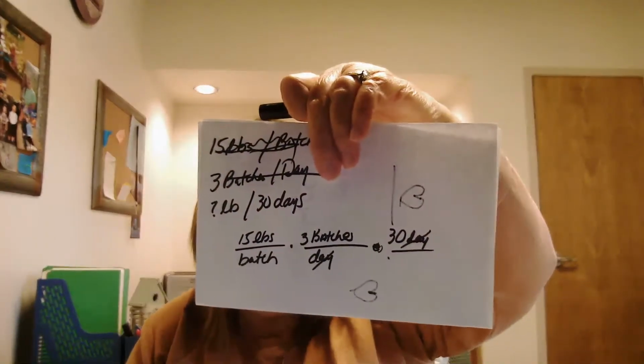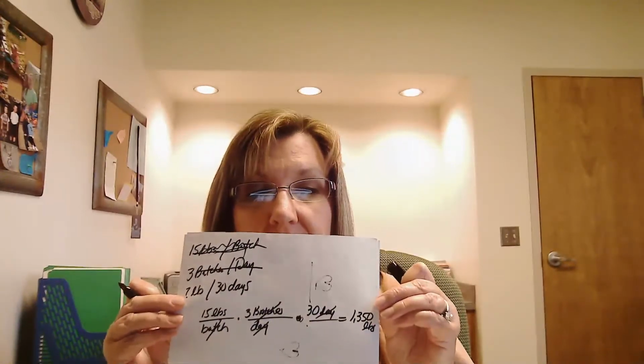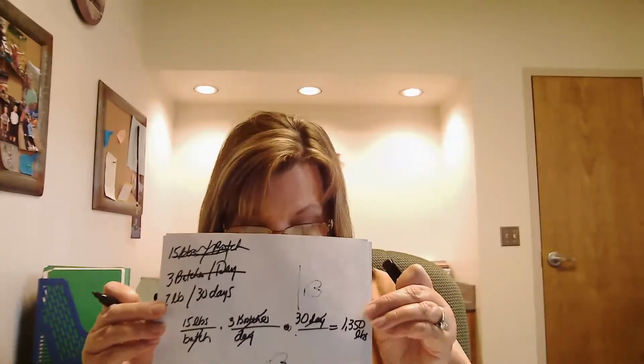We're going to cross out day, day. Then we're going to cross out batches and batches. So we're left with how many pounds? Isn't that what we want to know? Once you multiply everything out, you should get 1,350 pounds. I ran out of room there. Okay, clear? All right.